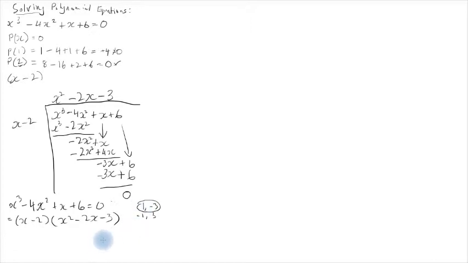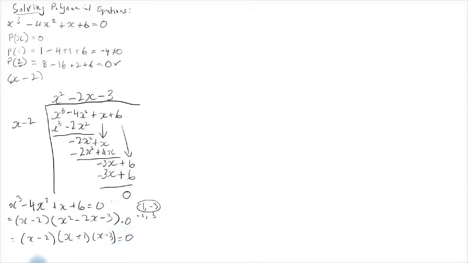So we can factorize this bit to x plus 1, x minus 3, and we've still got that first bit, x minus 2, and of course these will all have to equal 0.